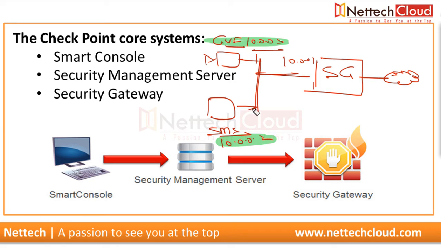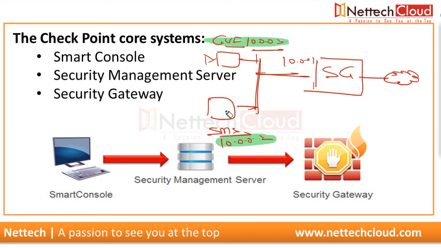Is a gateway required here? Of course not. Why is the gateway not required? Because they are both in the same network, the same LAN segment, source and destination, right? So a gateway is not required here.